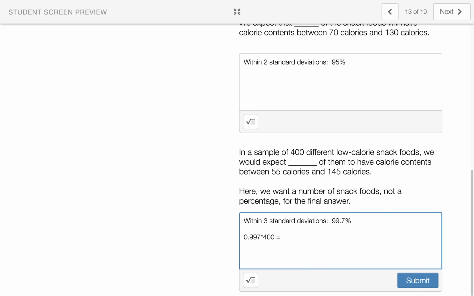I don't know what it is though. 398.8 snack foods would have calorie counts between 55 and 145. That's what we would be expecting with a normal distribution. In reality, we're probably talking about 399 of the snack foods. I'm not sure we can have a decimal number of a snack food like 398.8.